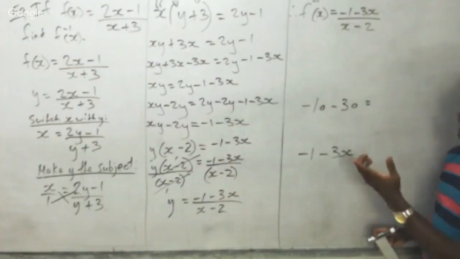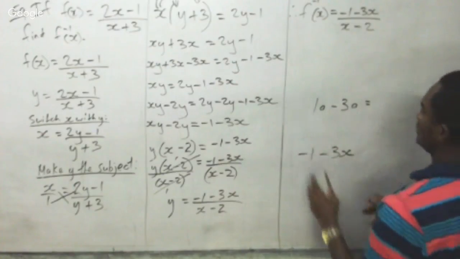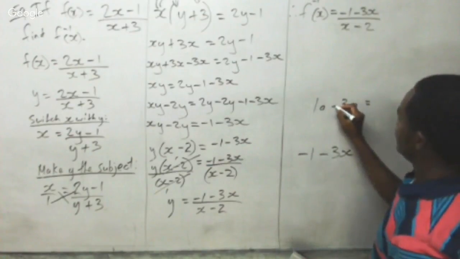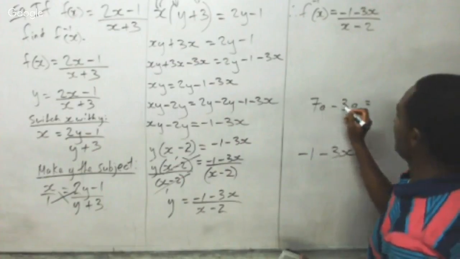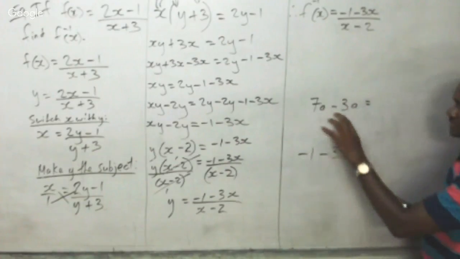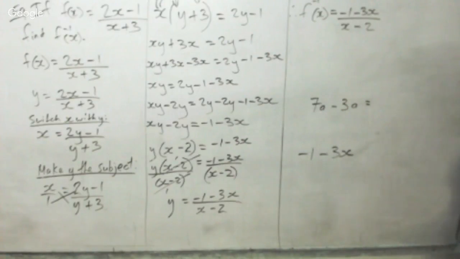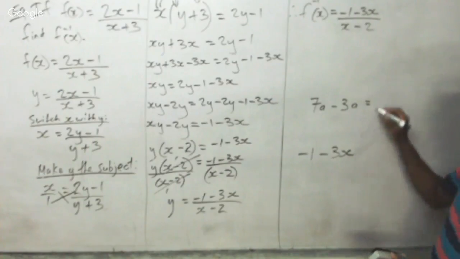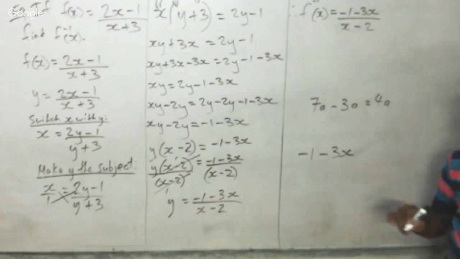All right, let's talk about food then. 7 apples minus 3 apples is equal to 4 what? 4 apples, so 4a. See that now?